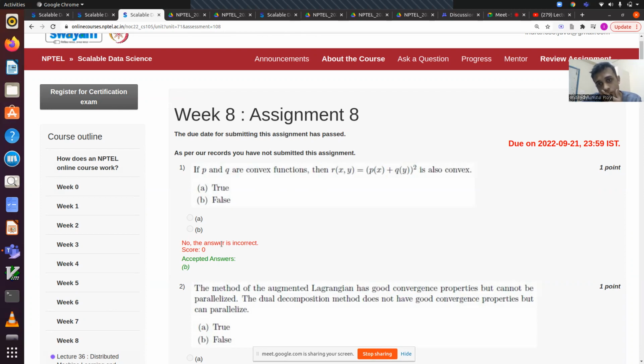So if two functions are convex, then their sum is convex.